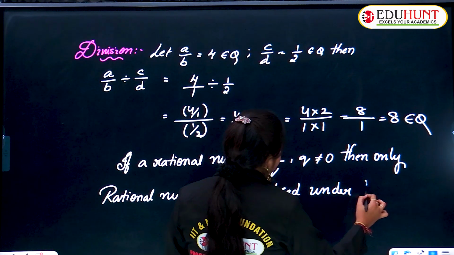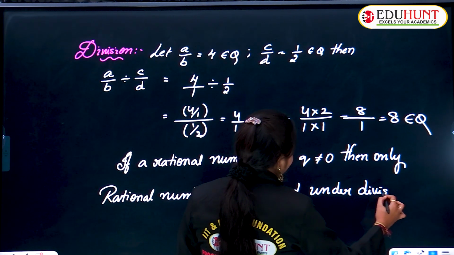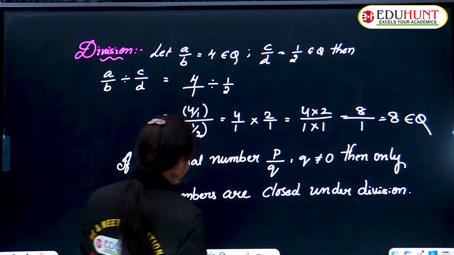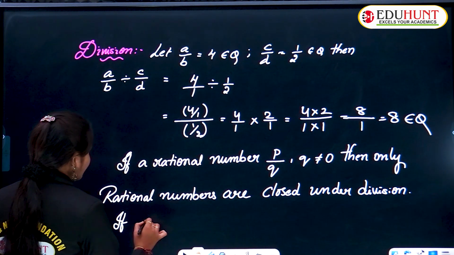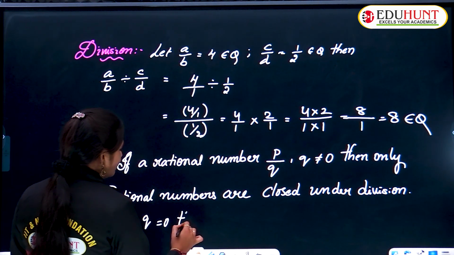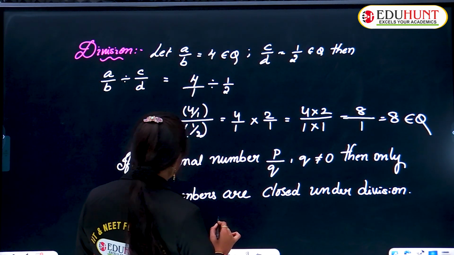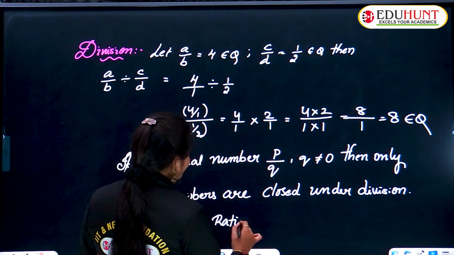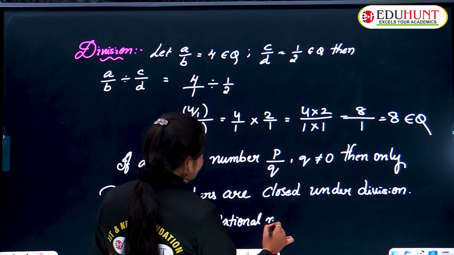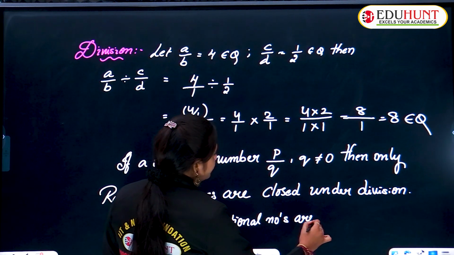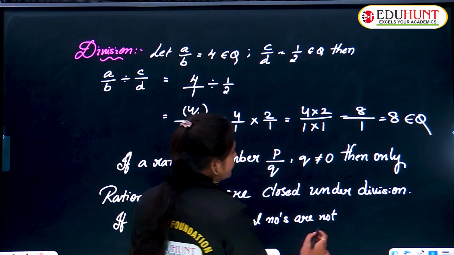Closed under division. Okay. If q is equal to 0, then rational numbers are not closed under division.